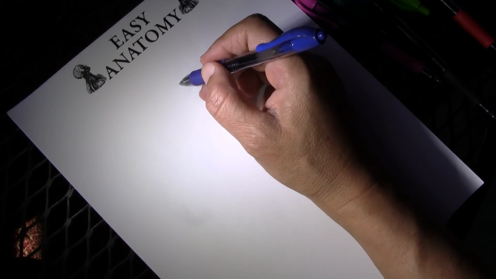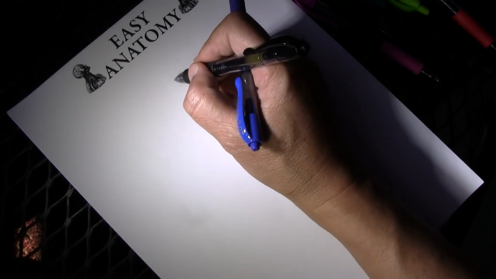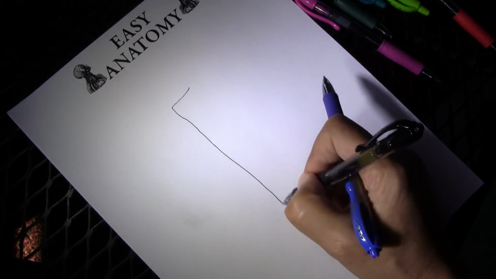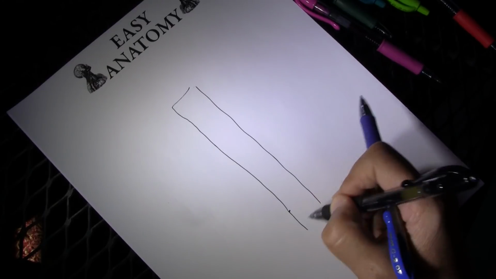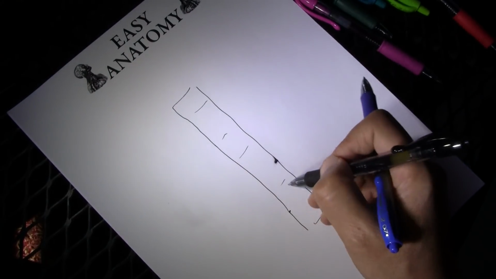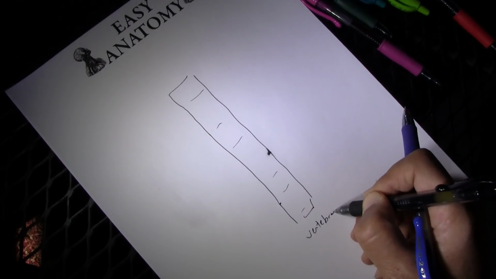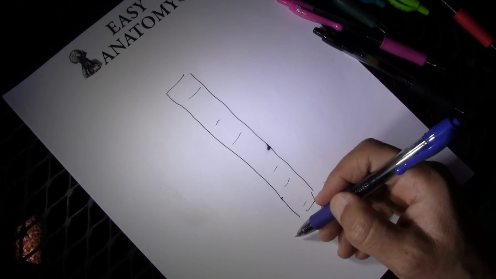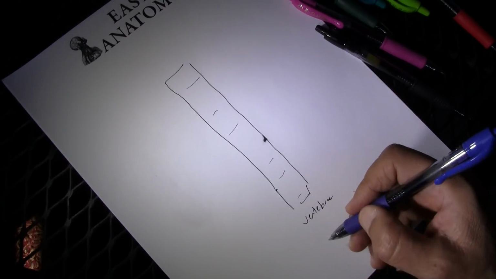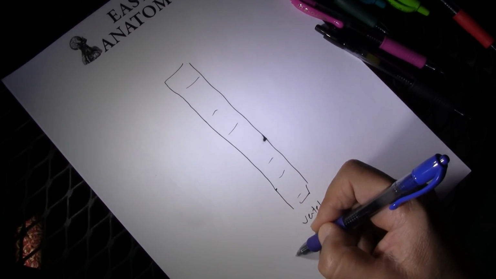So here is the midline, the vertebral column, the vertebrae. You will see that we have the azygos vein.